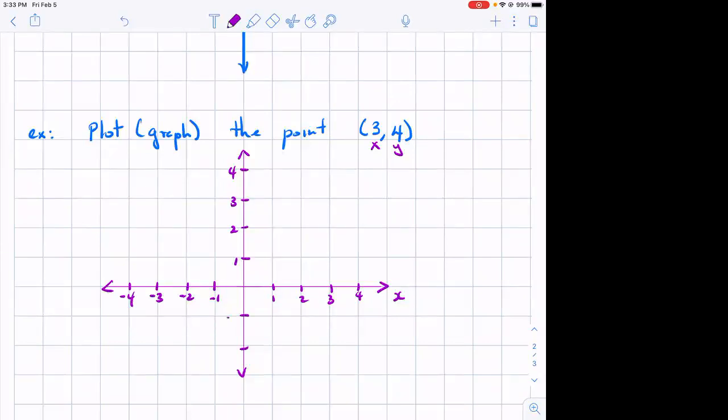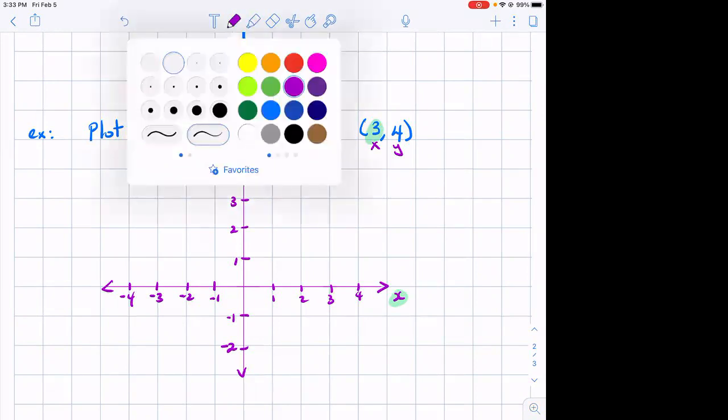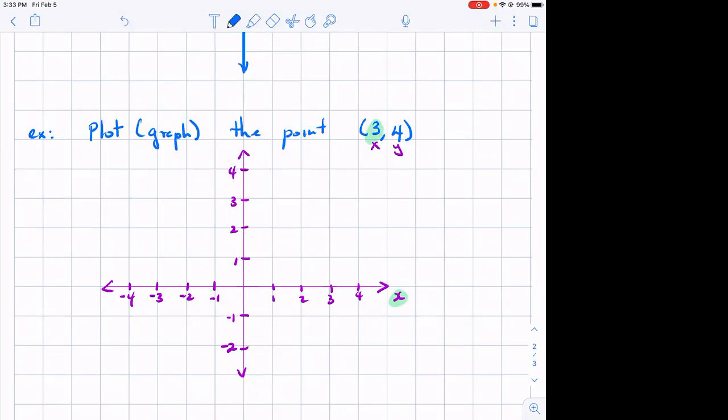Now, x is 3, so we look at the x-axis and identify the point 3. Because y is positive, from this point we go up 4 units, since y is 4. This is the location of the point 3, 4.